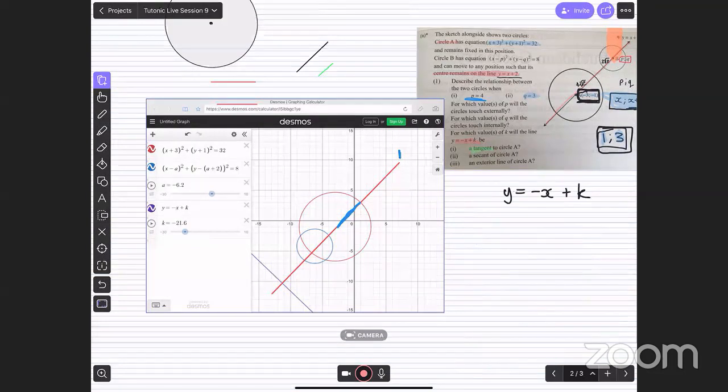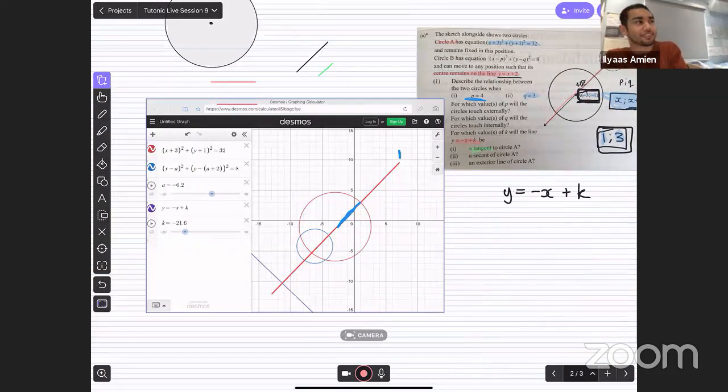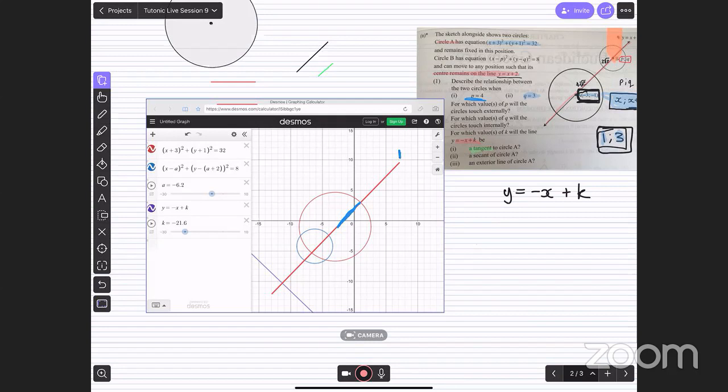At that point. Now, there's a crucial word here. The gradient of the tangent is perpendicular to the gradient of the radius at that point, at the point of contact. So there is a point of contact.